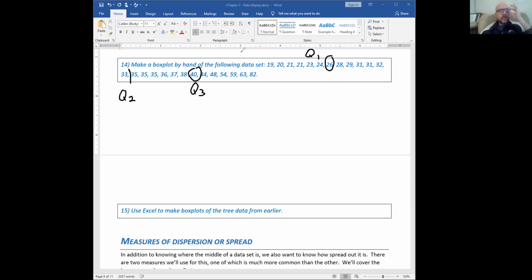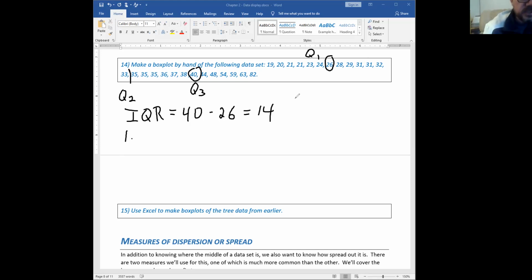Okay. So with those things in mind, the IQR is Q3 minus Q1. So we've got IQR equals 40 minus 26, which equals 14. 1.5 times the IQR is 14 times 1.5, which is 21.